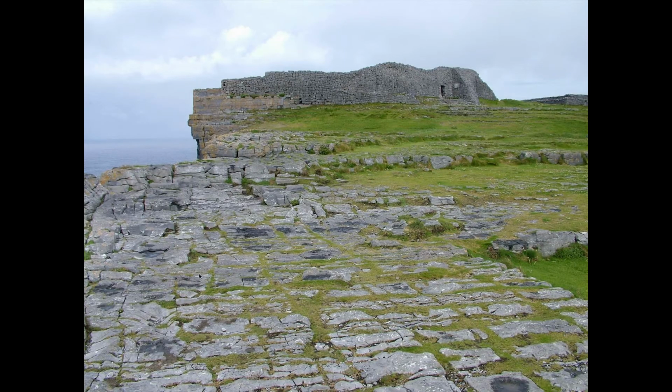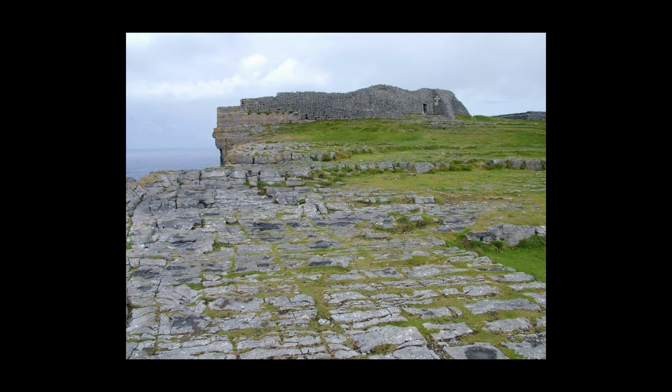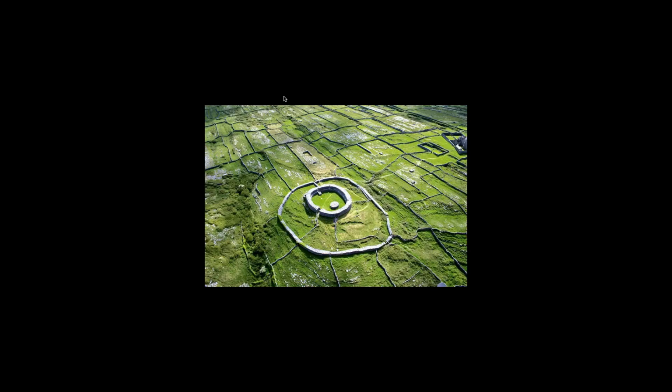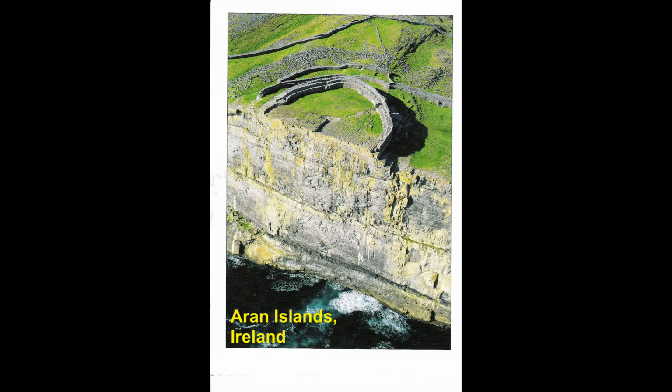All right, so just another general look at the landscape here and the stone. Here's some kind of stone fort, which might be that first example, just hanging off or on the edge of the cliff there. Let me go back to that real quick. So it might be this one.